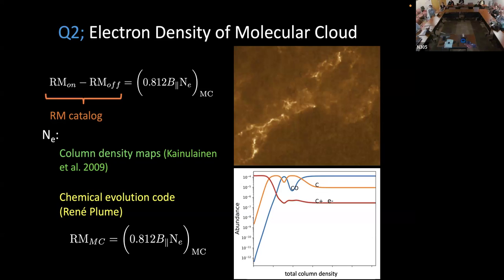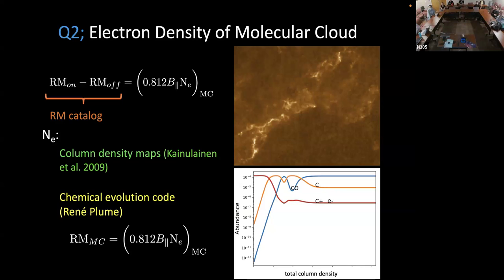I specifically use column density maps by Herschel, or extinction maps provided by Kainulainen et al. 2009, and a chemical evolution code developed by René Plum. Any chemical evolution code can be used, but this is what I've included here. And with this, we can find the electron volume density, and as the result, find the strength of magnetic field.